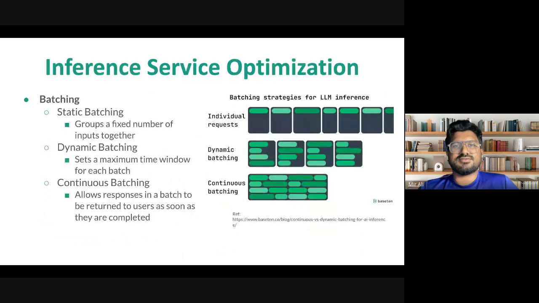And next, we'll be talking about inference service optimization, where the first thing will be batching. While inferencing, the main thing is how we can batch multiple requests such that we can use our GPUs to the maximum. The first technique is static batching, which is very simple, where we keep waiting until the inputs are batched together for a fixed amount, and then we process it.